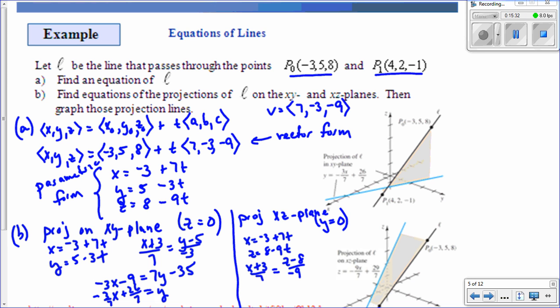So cross multiplying, -9x minus 27 equals 7z minus 56. So if you solve for z, you'll have -9/7 x plus 29/7. And that's the projection of that line onto the xz plane.